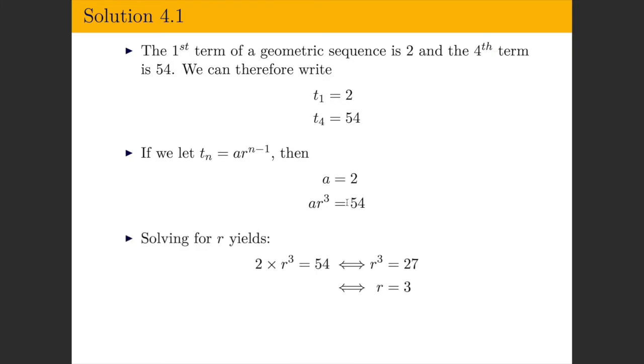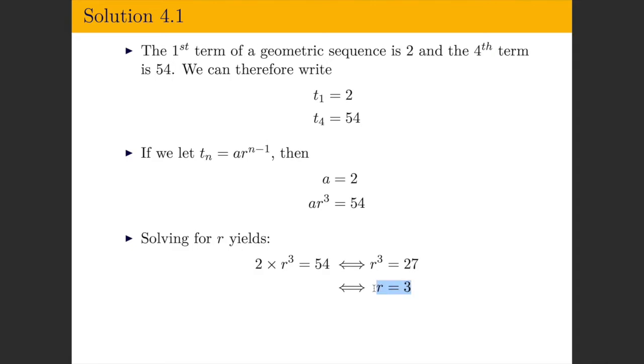One way we could solve for r is by substituting A equals 2 into the second equation, and we get 2 times r cubed is 54. Dividing both sides by 2 gives r cubed is 27, and taking the cube root of both sides gives r equals 3.